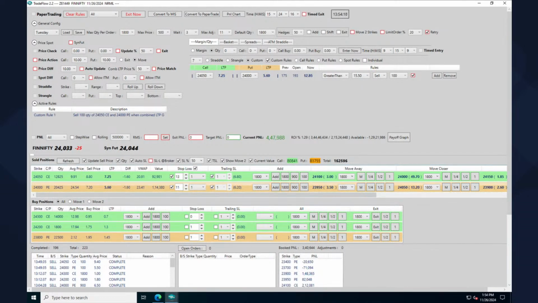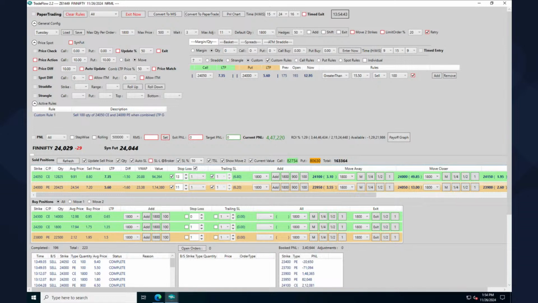I will also keep an eye on the open interest, what is happening. All right, so open interest, what is happening?